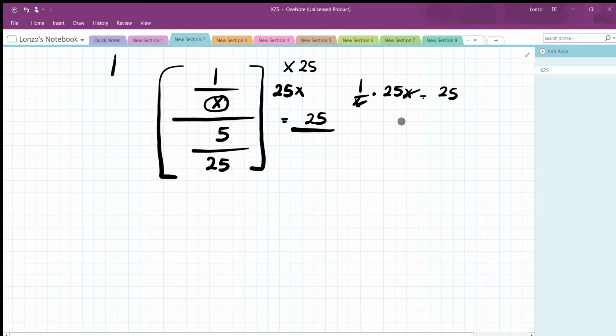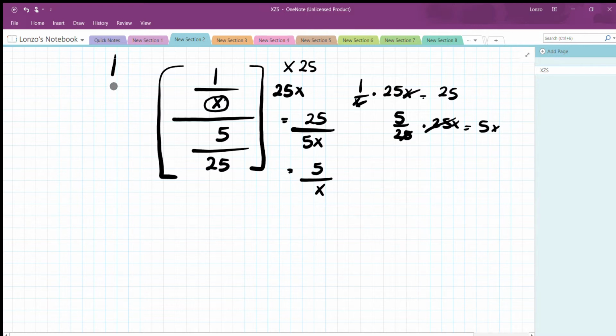So it's 5 over 25 times 25x. Do you know what happens to the 25? It cancels, right? So you're just left with 5x. This simplifies as 25 over 5 is 5, and then you're just left with x. So that's my preferred bracket way. That's what I'm going to do for the rest of the problem.